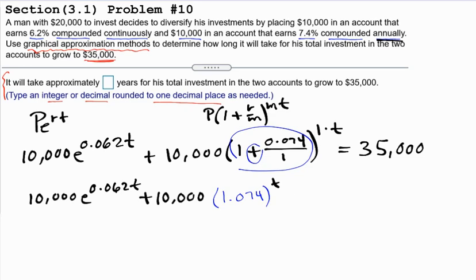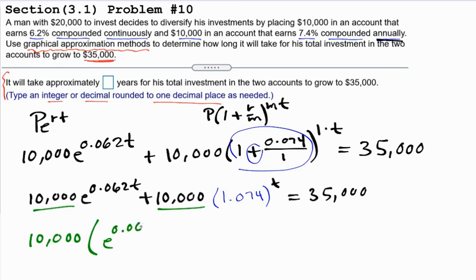So we've simplified that a little bit, and it's going to equal $35,000. Now, because we have a common factor, we can factor out this 10,000. That leaves us with E to the 0.062 times t power plus 1.074 to the t power equals $35,000.